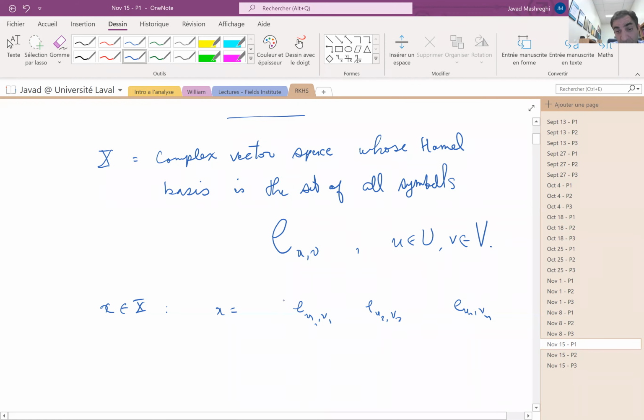So we multiply by scalars. Alpha 1 times this, alpha 2 times that, and alpha n times the last one. Absolute freedom for the choice of alphas, the coefficients, and also no restriction on u_k and v_k. The components can be any element of the big U, or any element of the big V. And note that this space X is really huge.